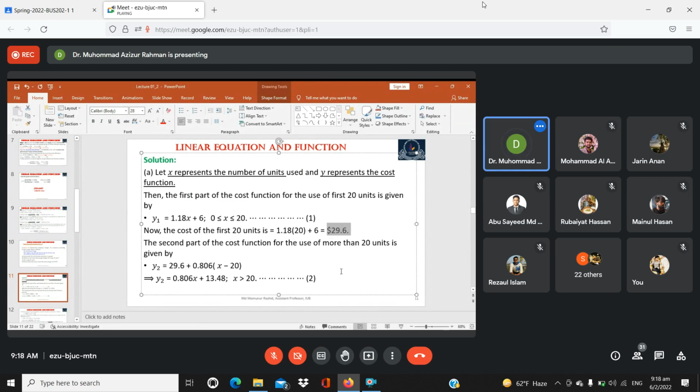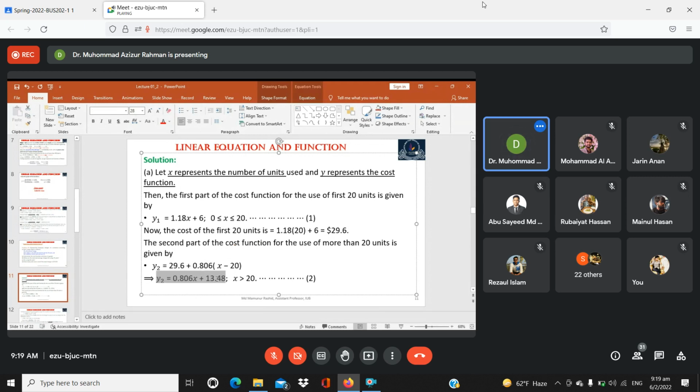For 20 units. Now if the customer is using more than 20 units, then our second equation comes. So this much is the fixed price for the first 20 units, 29.26, plus the changed rate, 0.86, times the number of units over 20, which is x minus 20. Then we multiply it out, simplify, and get the equation.